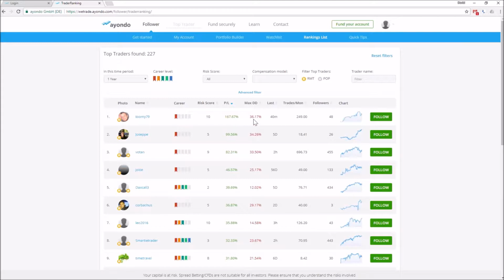However, this figure here is just as important as the P&L figure: the drawdown. This means along the way to making a 167% return, how much of that profit was given back. You can see more than a third of the profit was given back along the way. That might be a level of volatility that you're not particularly comfortable with.